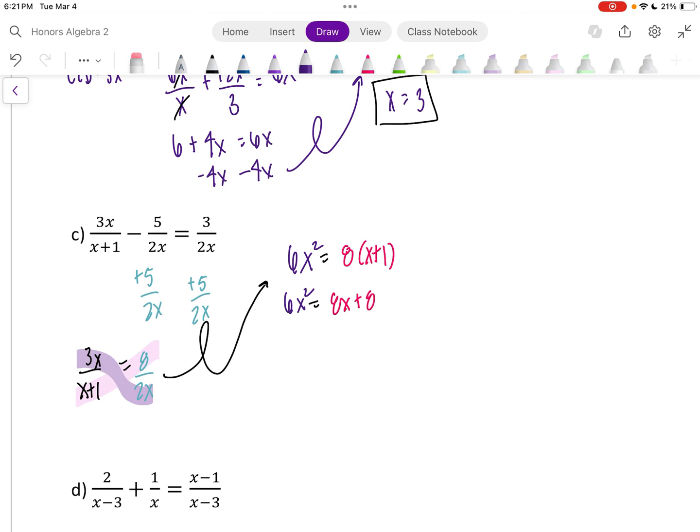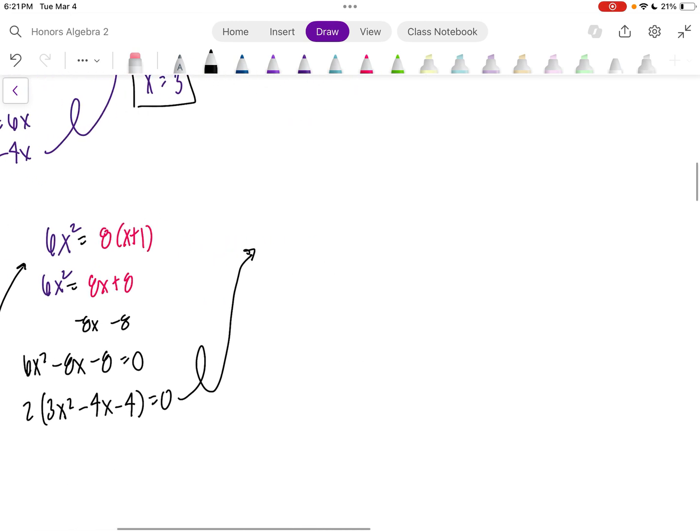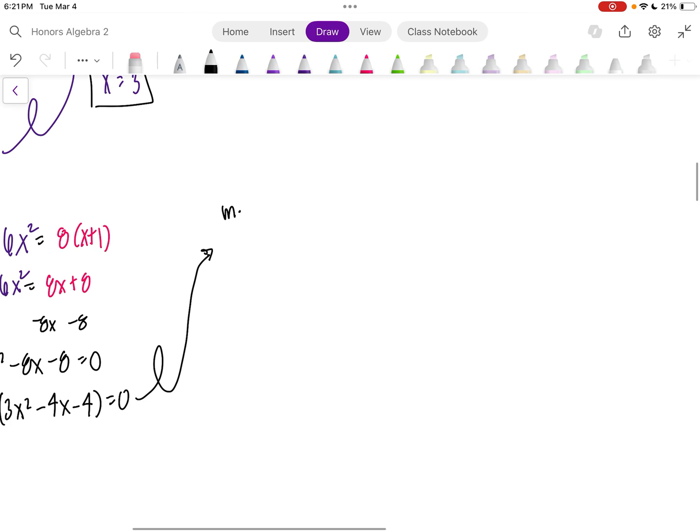So now we can move everything over, take out our GCF, and then factor. So let's move over this 8x and this 8. So we're going to have 6x squared minus 8x minus 8 equals 0. So then pull out a 2. So it's going to be 3x squared minus 4x minus 4 equals 0. So then I need two numbers that multiply to negative 12 and add to negative 4.